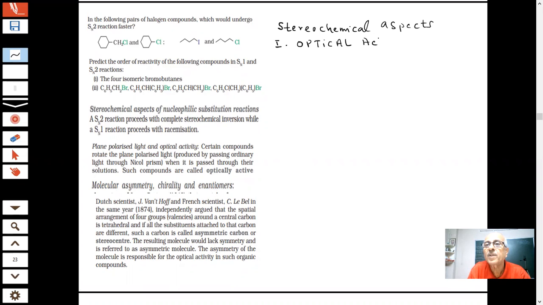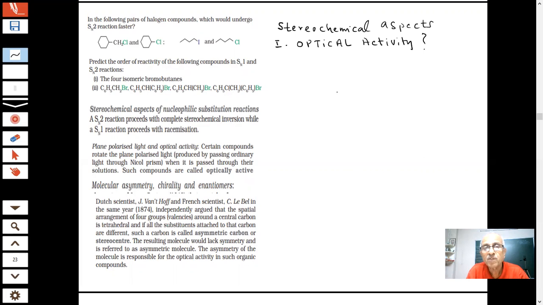What is optical activity, students? Do you have any idea about it? Do you know what an optically active compound is? You see, it was found by Van 't Hoff and Le Bel in 1874 that the arrangement of four groups around a central carbon is tetrahedral.